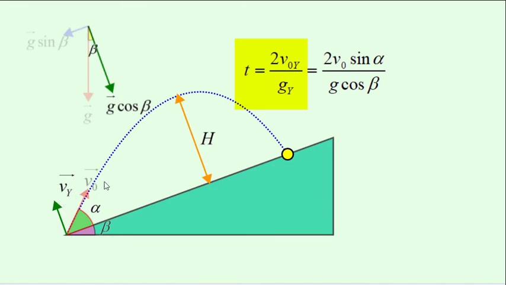This time v0y is v0 sine of alpha, and the acceleration due to gravity along the y-axis is gy, or g cos beta. So in the same basic formula, we are substituting components of velocity and acceleration along the y-axis.